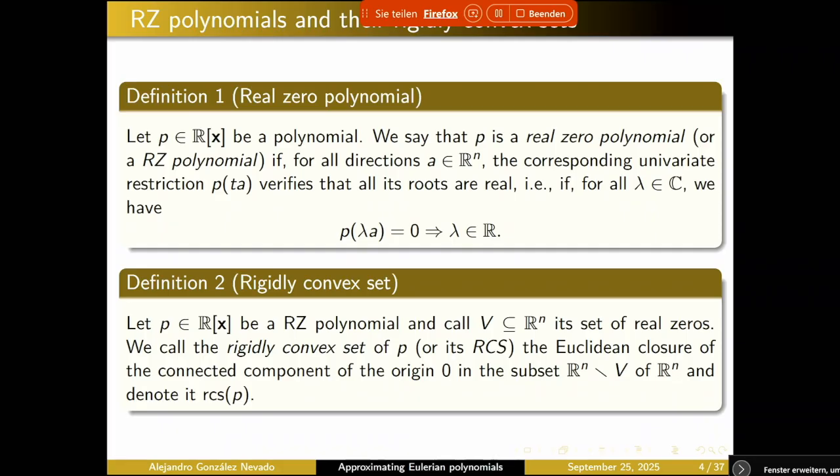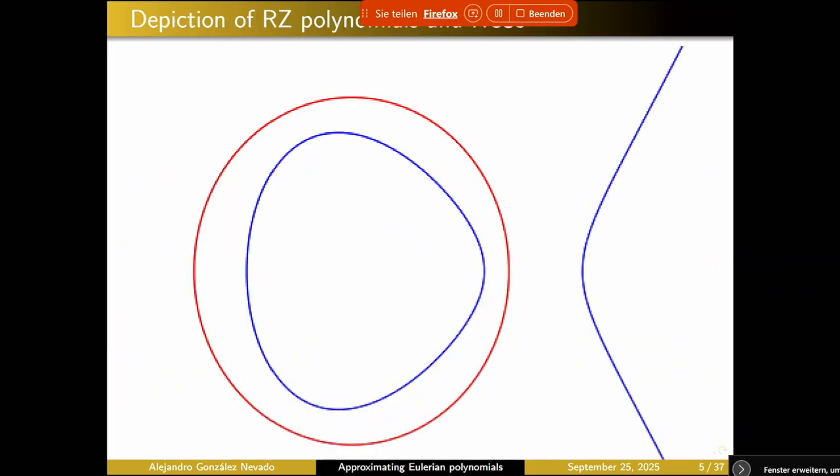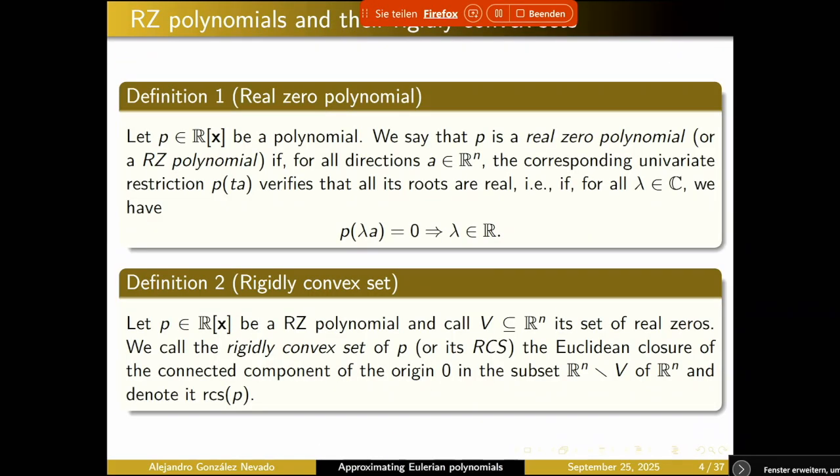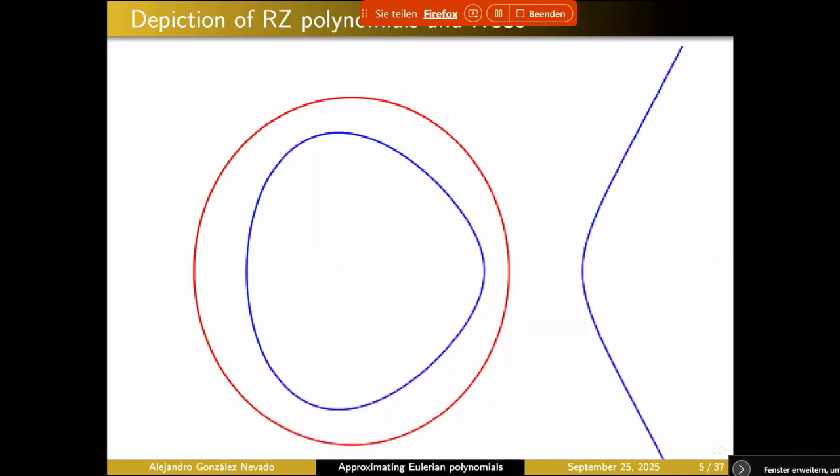Well, because I want this set, right? So I define it taking away the zeros from the space, and then I keep just the connected component of the origin, because this will disconnect the origin, because these polynomials are not zero at the origin. They cannot be because of the definition. So they disconnect the origin from the rest of the space. This is why I take it, so I can define this set.